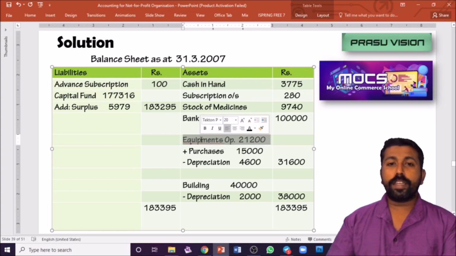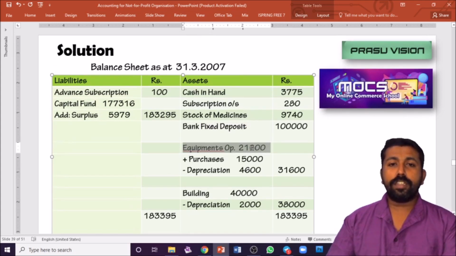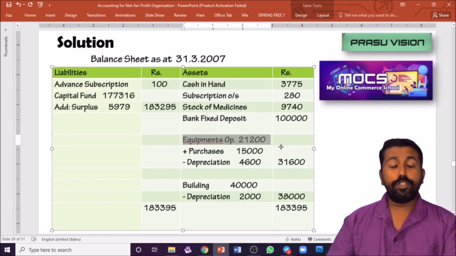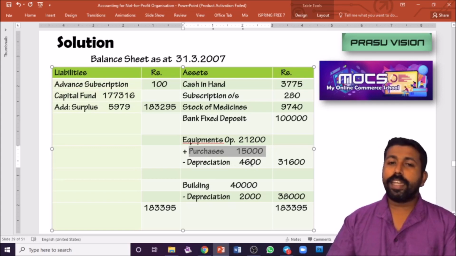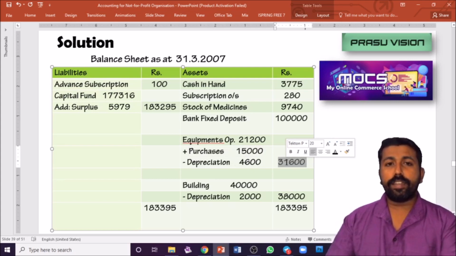Equipment, what is happening for equipment? Equipment opening value is there in the opening balance sheet, that is 21,200. Add what we purchased, which is available in the receipt and payment account payment side. And depreciation is noted in the income and expenditure account debit side. That amount is deducted.